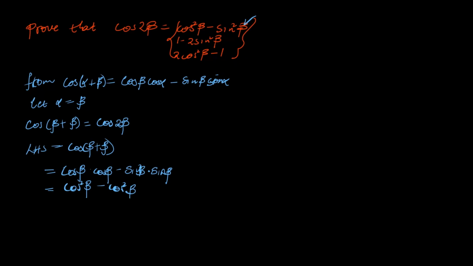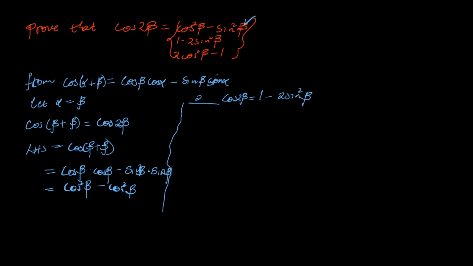Then let's move to the second one, wherein we want to prove that cos 2 beta is similar to 1 minus 2 sine squared beta.